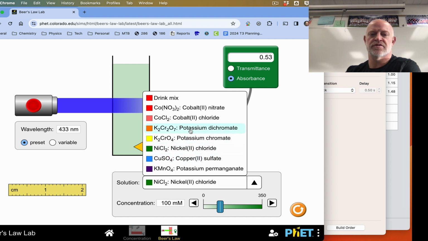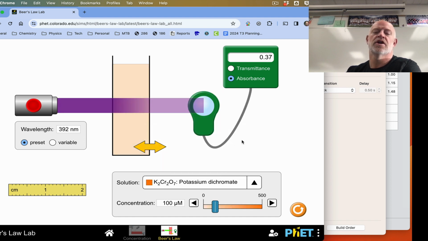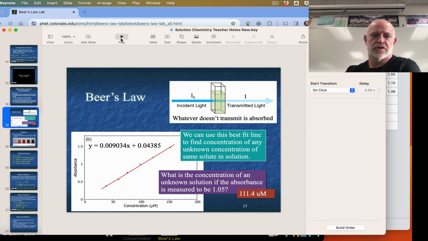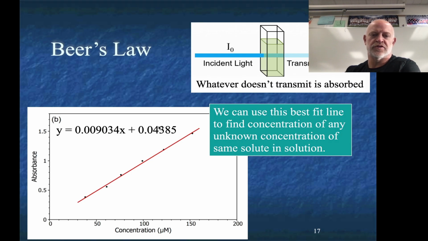You change this to potassium dichromate, it changes. So not only does every line or data set change, the actual wavelength of light that we use also changes, okay? I just mention that because I don't want you to think that we use this equation for every single one. We had to build the equation based off of our linear regression from data we collect every time we do this.